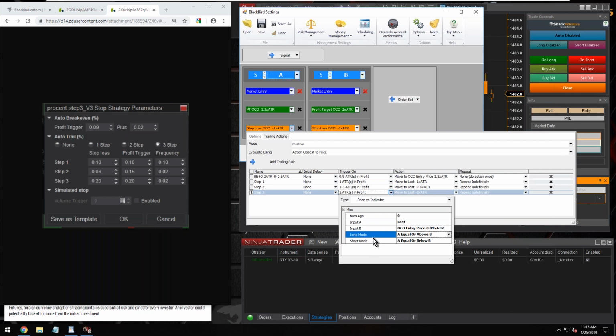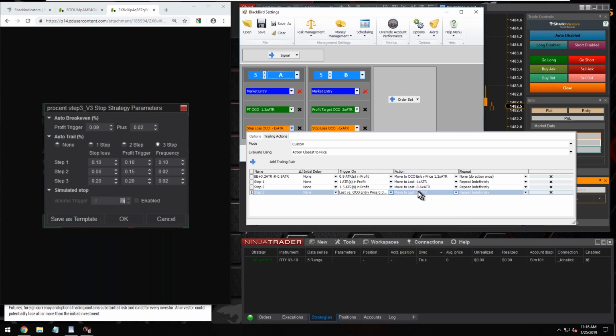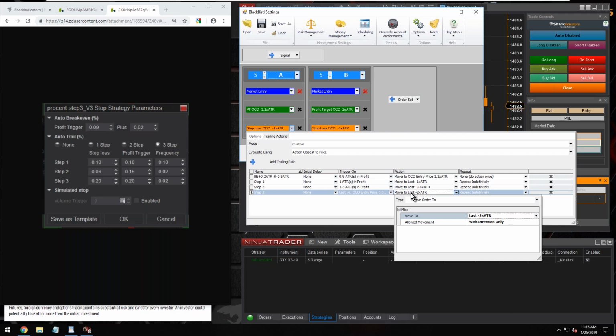So there's a workaround of how you could use a percentage indicator to calculate a percentage of profit. And then the next step would be using your indicator to calculate the stop loss price.